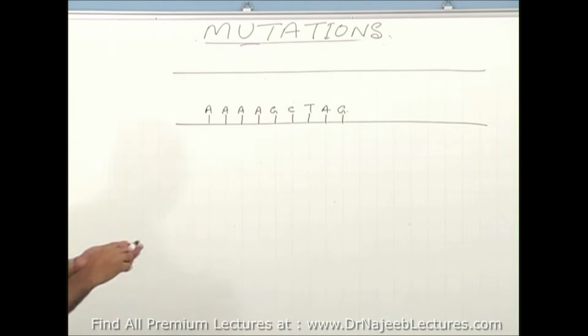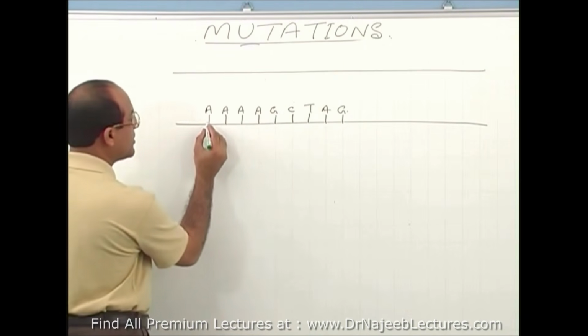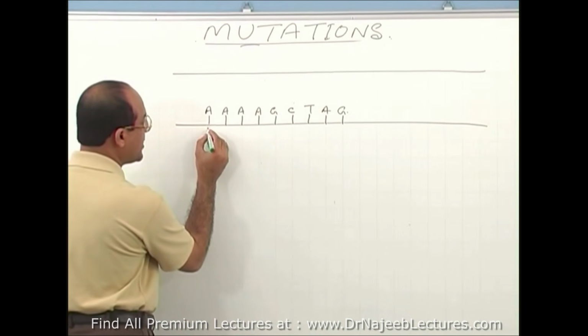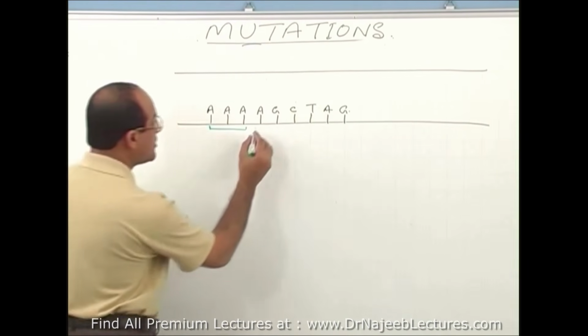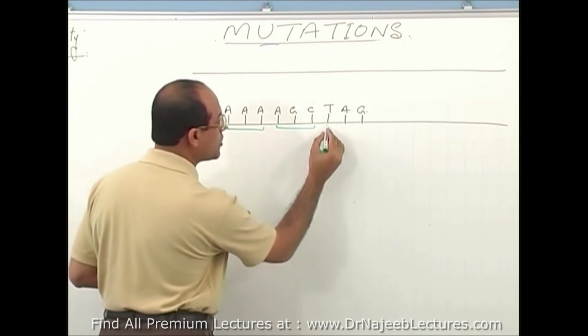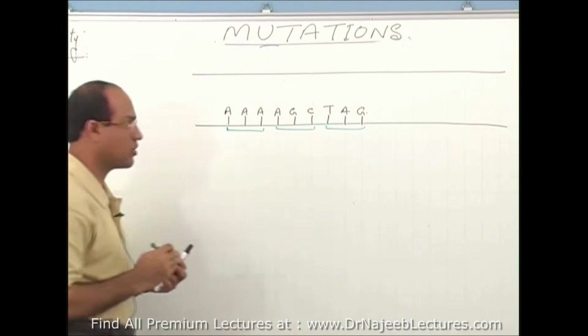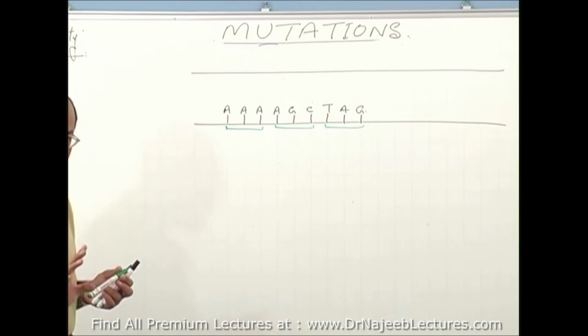Now, if this is the starting point for message or master plan, this should be one codon, this should be the second codon, this should be the third codon. Is that clear?